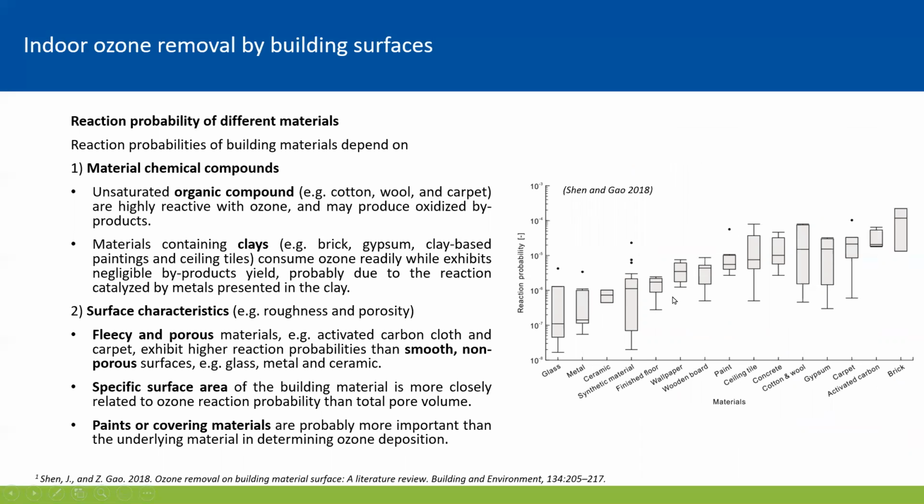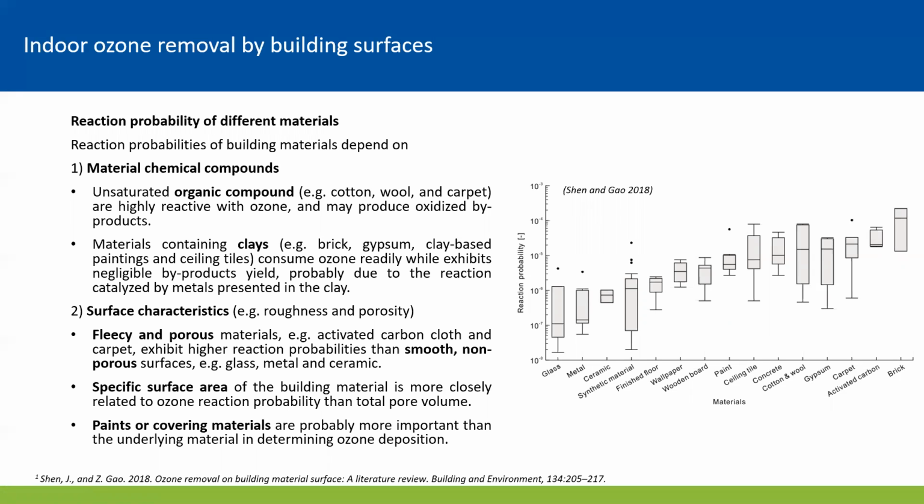From the results here, we can observe that the reaction probabilities of building materials depend on material chemical compounds and also surface characteristics like roughness and porosity. For material chemical compounds, unsaturated organic compounds are highly reactive with ozone and may produce considerable oxidized byproducts.